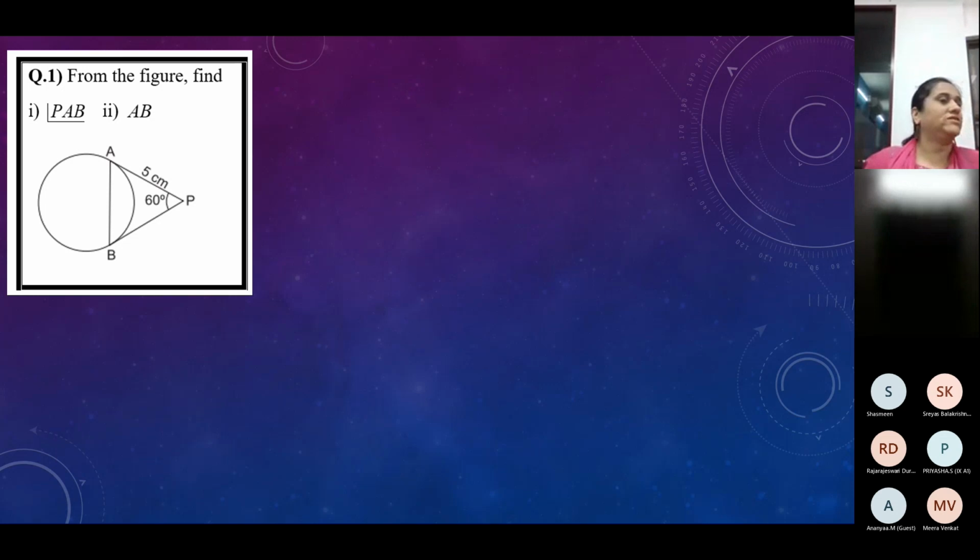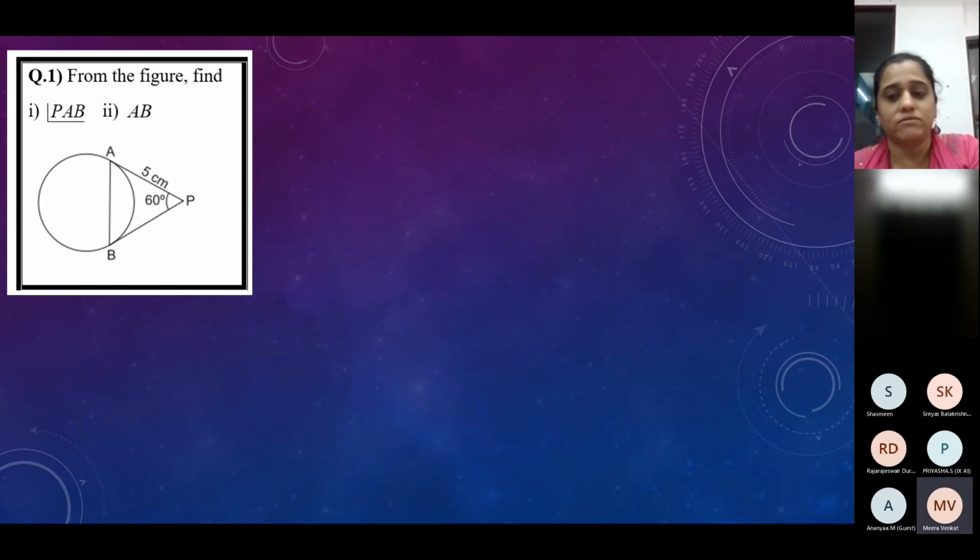Now Shreyas has given the answer. Who can justify? He's right, but why is PAB 60? Correct. Then why is AB 5 centimeters?